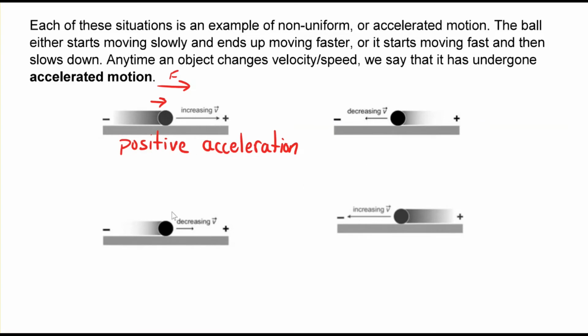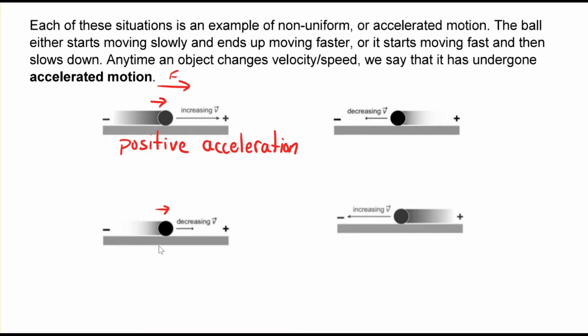So let's think about this. If the object was originally traveling in a positive direction, you can see that by the shadow that it's leaving behind. So it was originally traveling in a positive direction, but it's decreasing its velocity. So it's getting slower and slower.